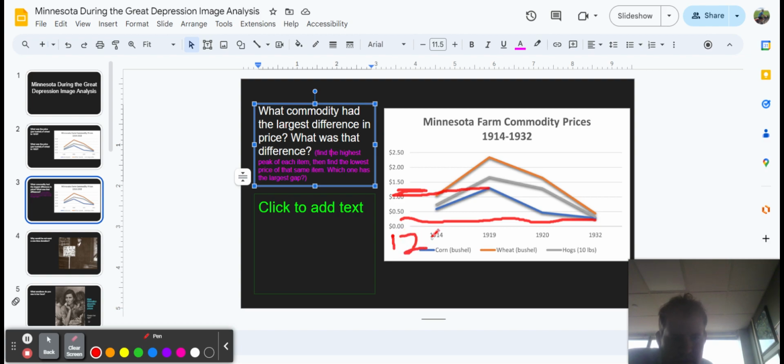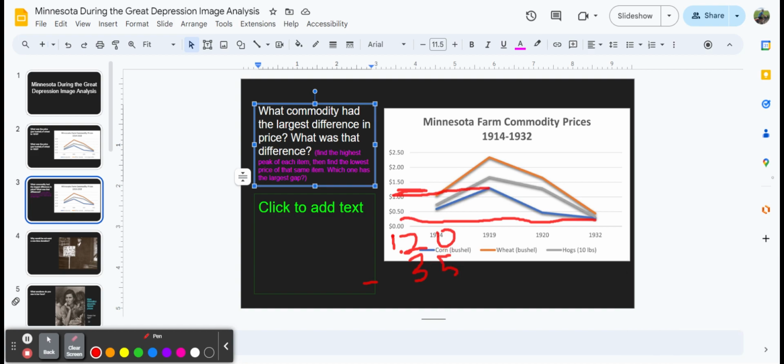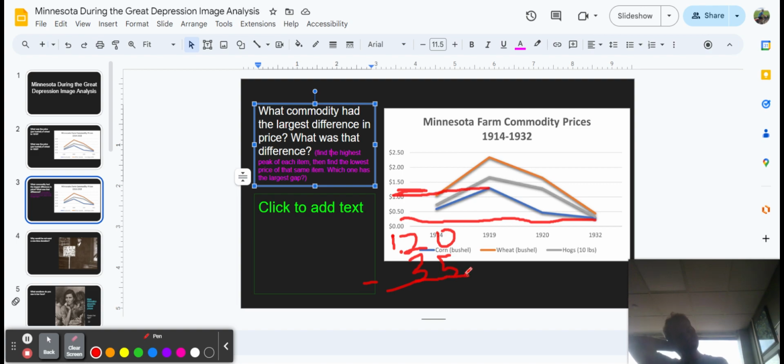Then minus the lowest one, I think might be like 35 cents. So then I can do 120 minus 35. That will give me 85 cents.